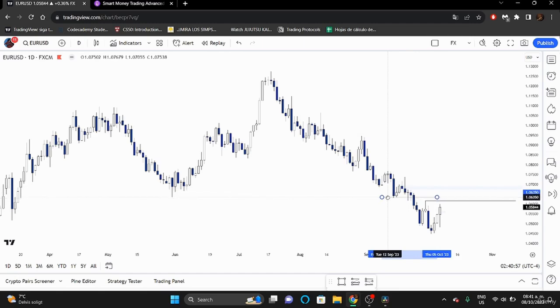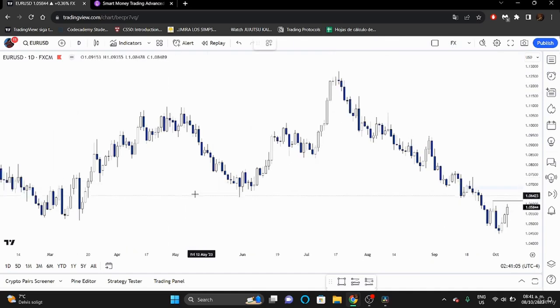This will become now the mitigation block. Never touches. Basic. Where's the run up? Here is the candle. This is our mitigation block. Once it trades through, we change bullish.